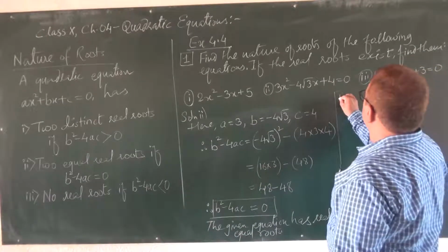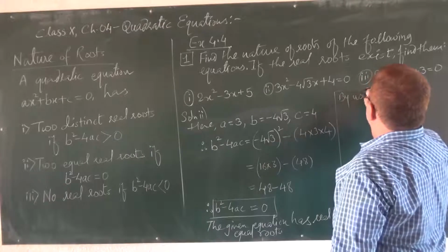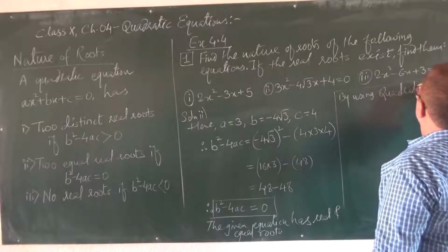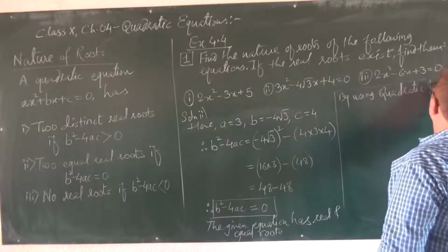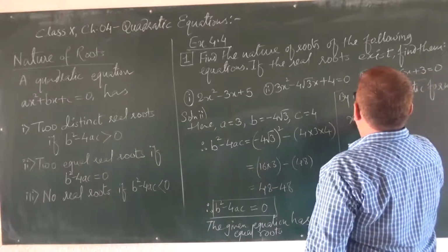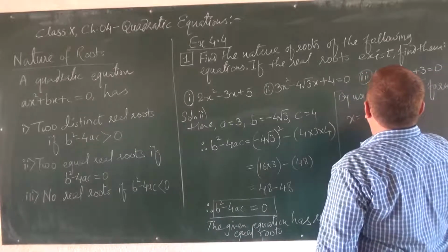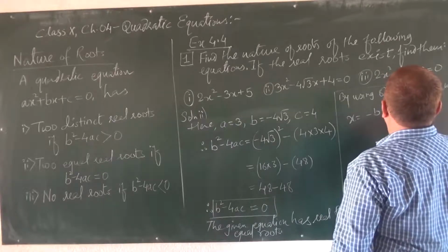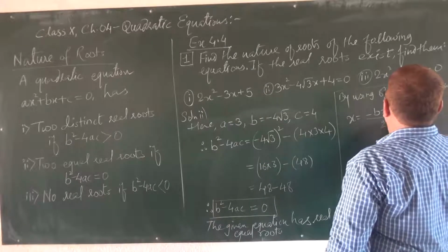Now, by using the quadratic formula, x is equal to minus b plus or minus under root b square minus 4ac, whole upon 2a.